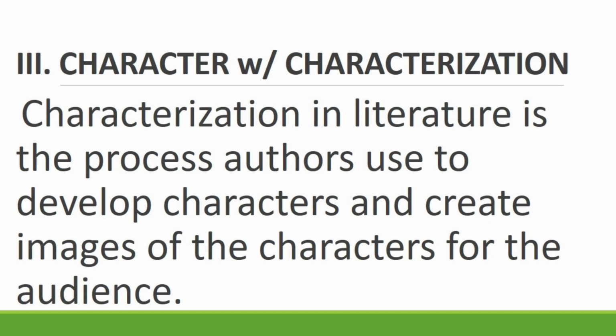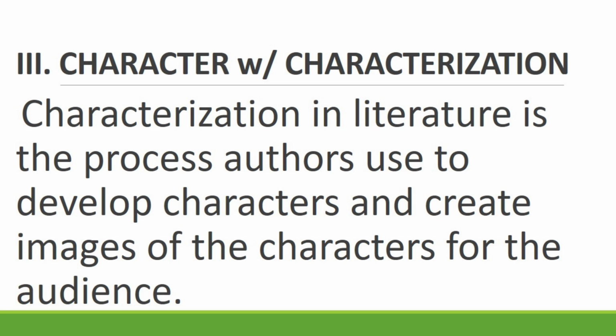And for the third element of the story, we have character with characterization. Characterization in literature is the process authors use to develop characters and create images of the characters for the audience. So in here, after revealing the character, inside the story, the characterization or the description or the characteristics of the character will gradually be revealed.